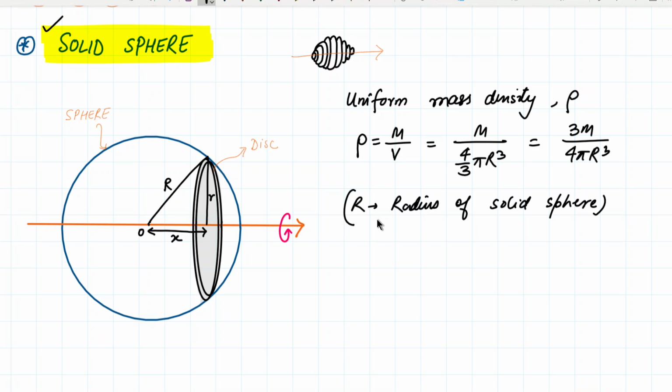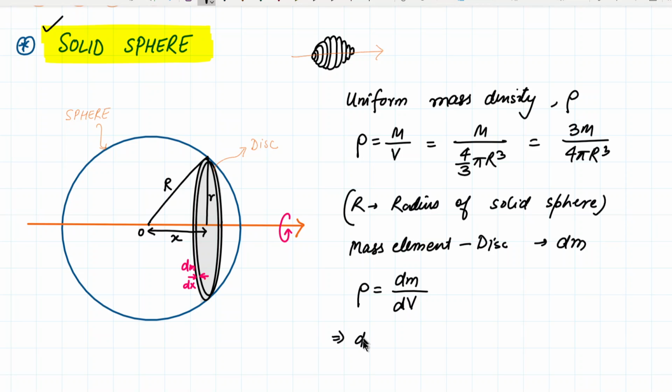So with uniform mass density, for a mass element which is a disk, let's suppose its mass is dm. The mass of the disk is dm, the width is of course dx, and the volume is dv. Therefore the density, if it is a uniform mass distribution, is dm upon dv, or dm is equal to rho dv.